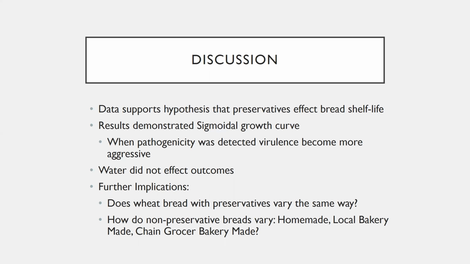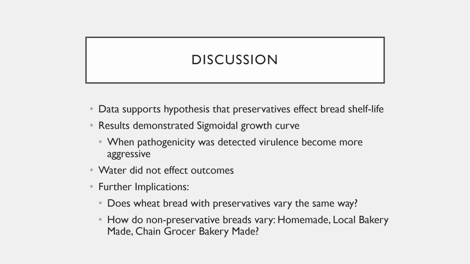I also didn't see a big difference between water being present and not present, so I decided not to make any inferences about the effects of water, but that's something I definitely want to do again and just test how water affects different types of bread, not so much looking at preservatives. And perhaps doing this with bread that's all filled with preservatives or different values of water and see how they affect the mold growth.